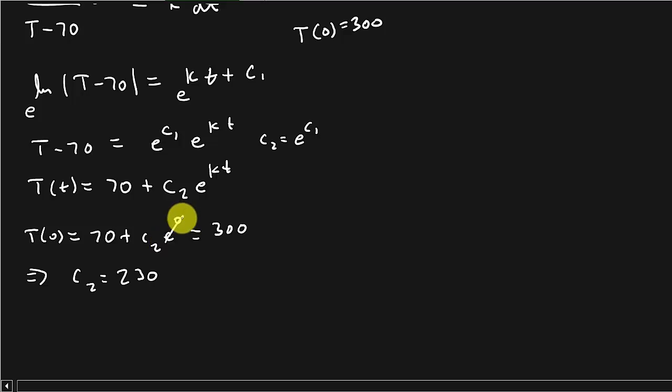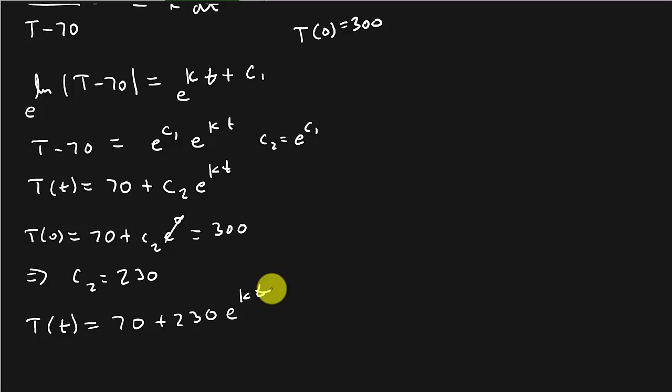See, e to the 0 goes to 1, then move the 70 over. So I've got T of t is equal to 70 plus 230 e to the kt. Right? All right. So we've got that.